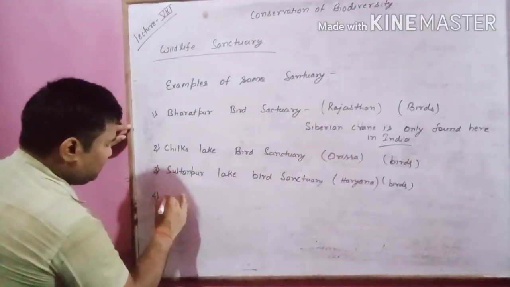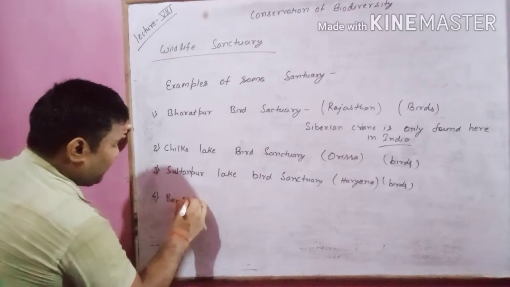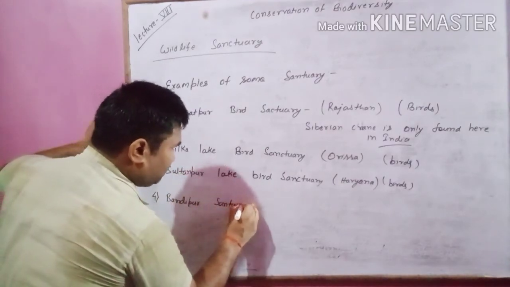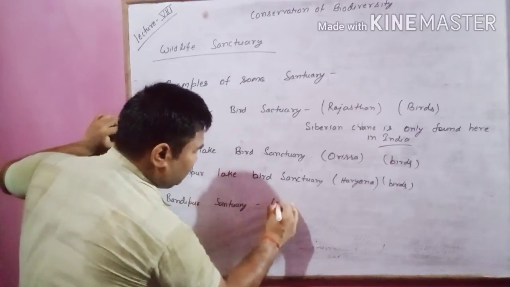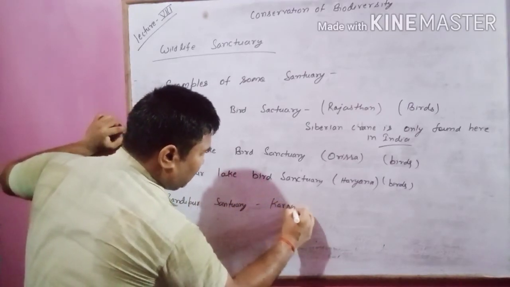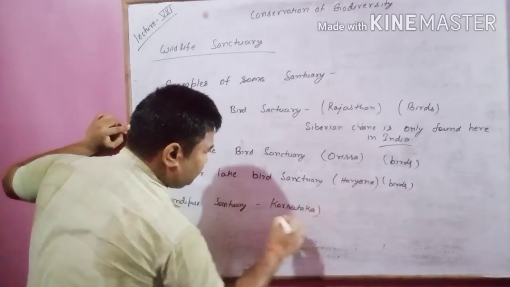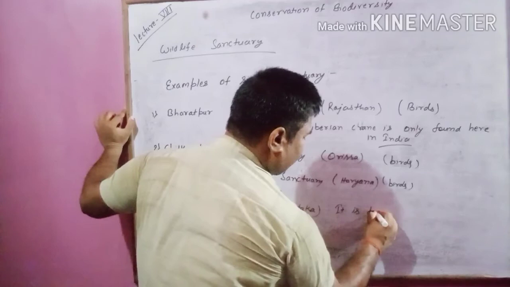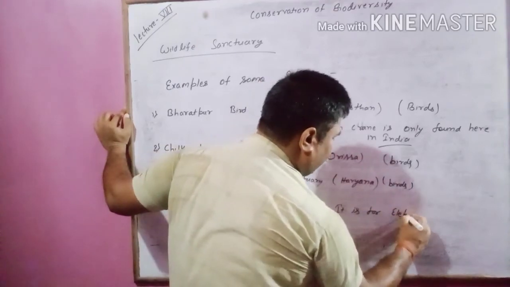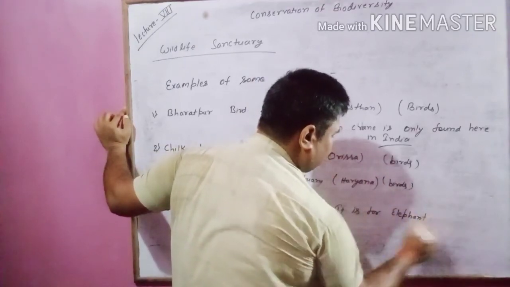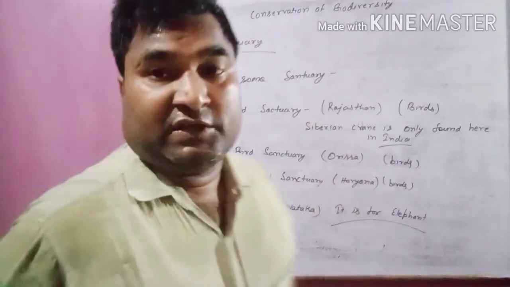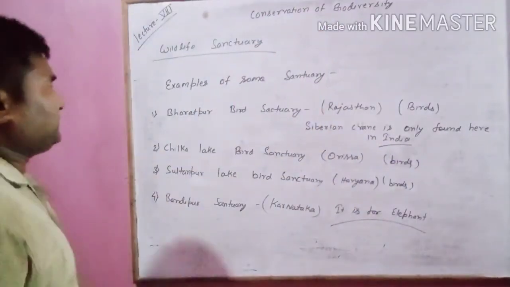Fourth is Bandipur Sanctuary. This is in Karnataka, and it is for elephants. So these are the examples of some wildlife sanctuaries.